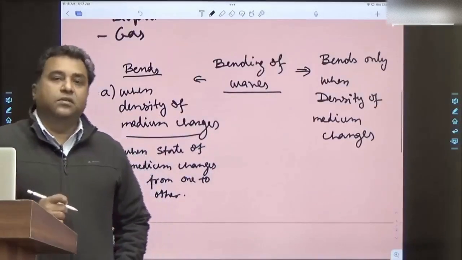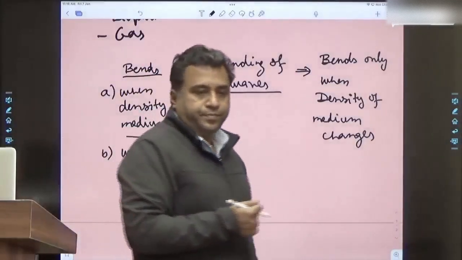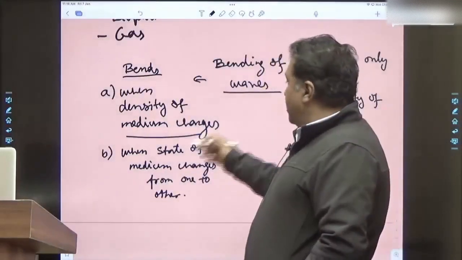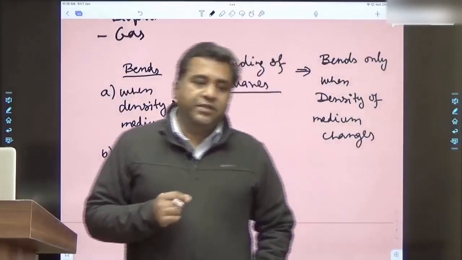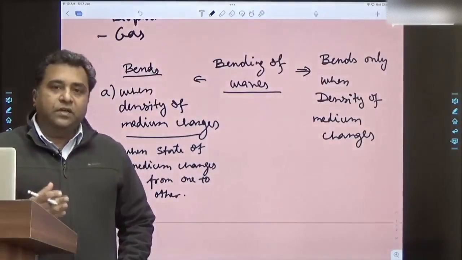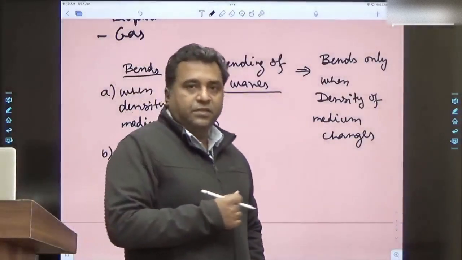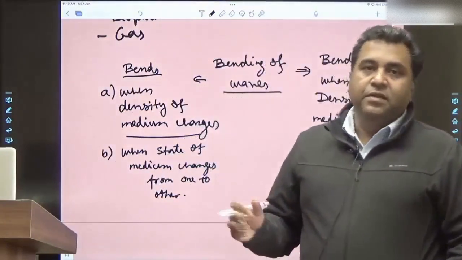Is this clear? So the P wave bends when the state of the medium changes, and it also bends when the density of the medium changes. Both when density changes and when the state changes, it bends.